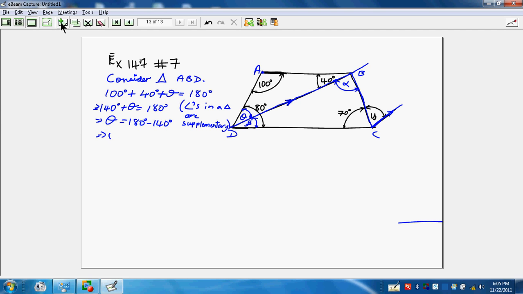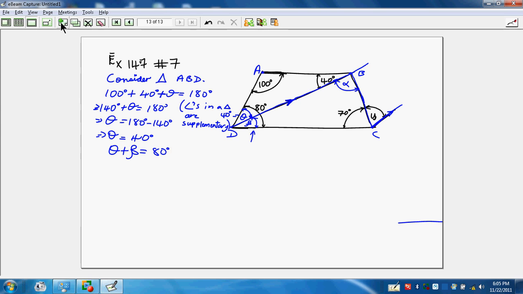So it means then that angle theta is equal to 40 degrees. Now we know, we just worked it out, we could easily find what angle beta is by the relationship theta plus beta is equal to 80 degrees. Right? You see it there?